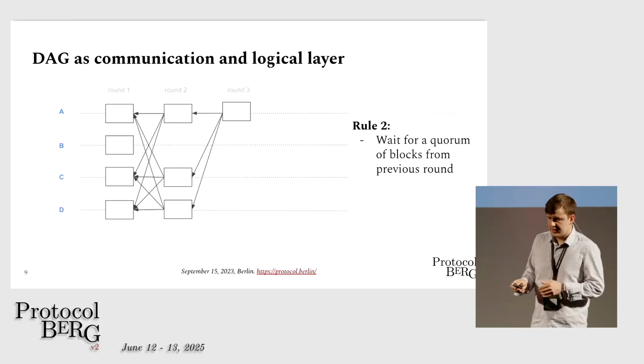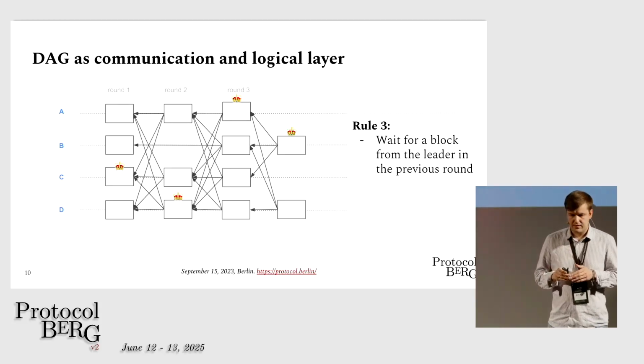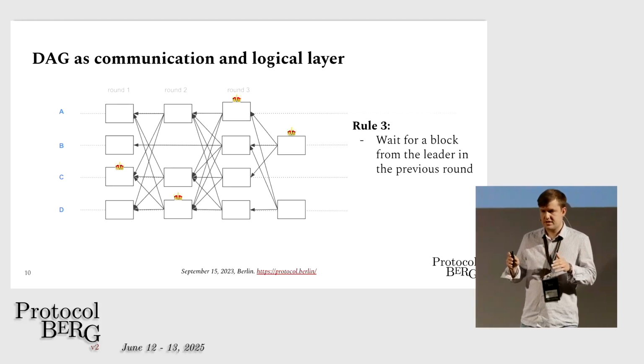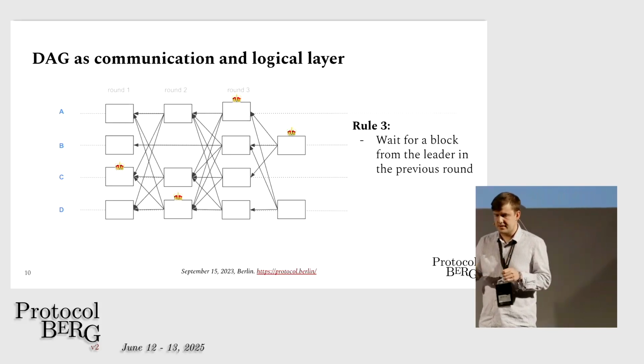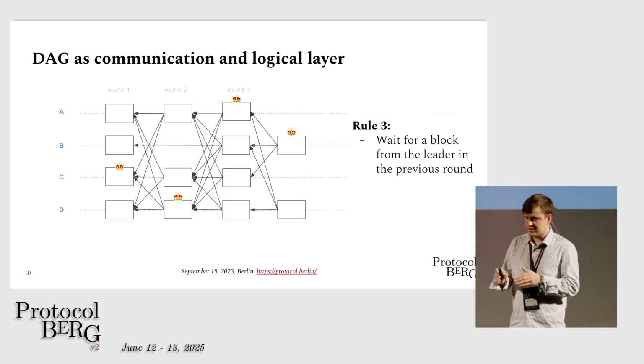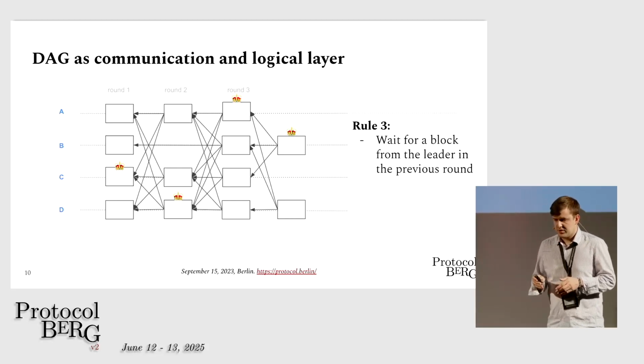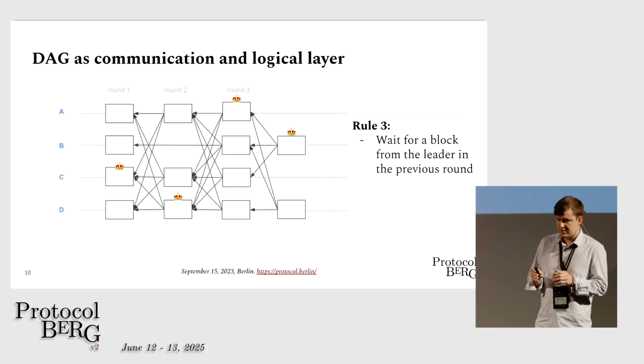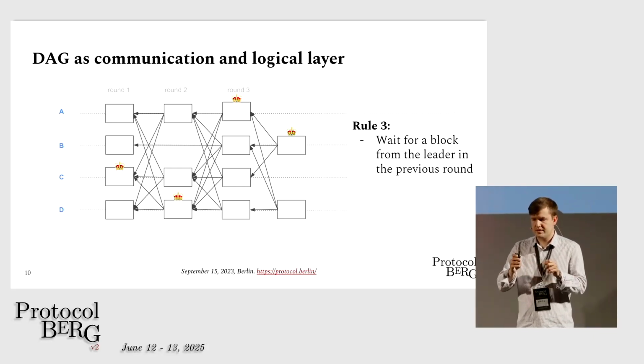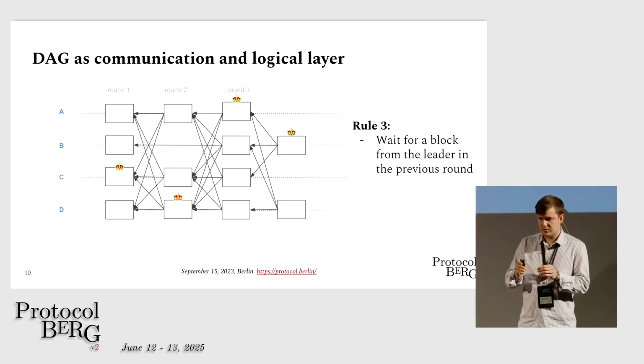And lastly, as I said, we will use only the DAG structure for sequencing. Typically in this area, in the spirit of PBFT-style protocols, we choose some nodes to be leaders in certain rounds. And these nodes will create blocks.